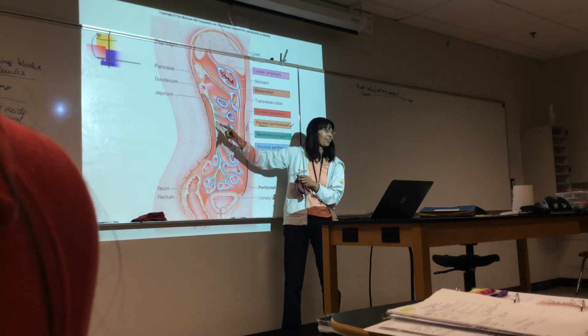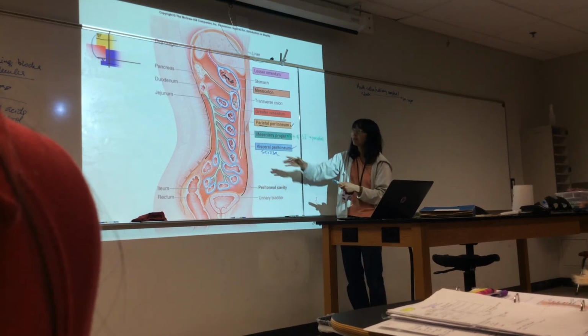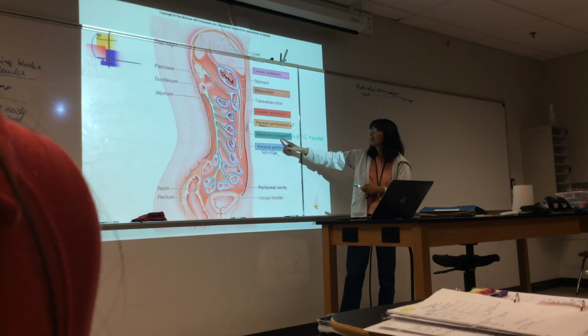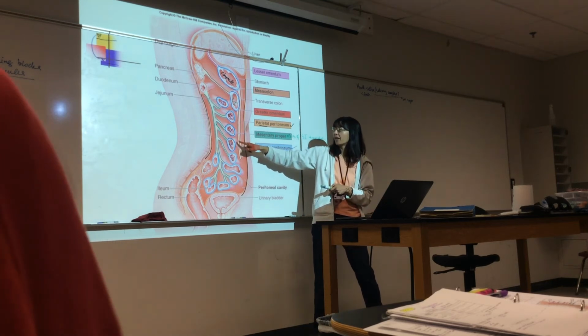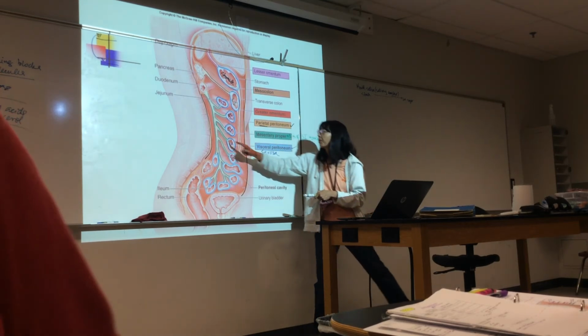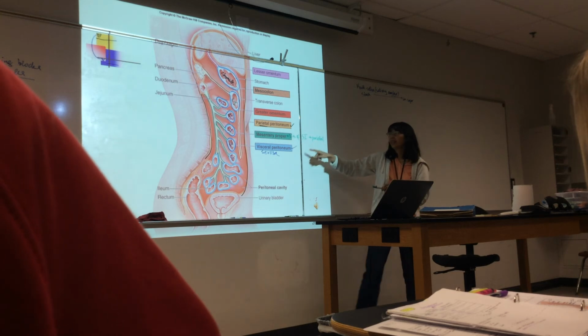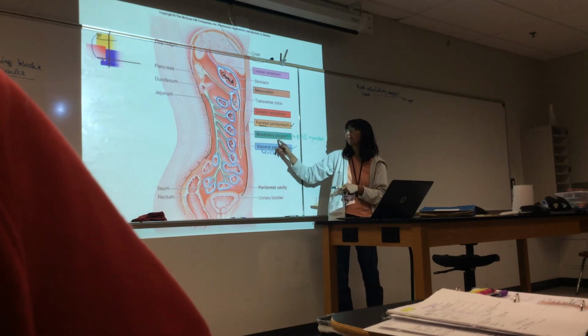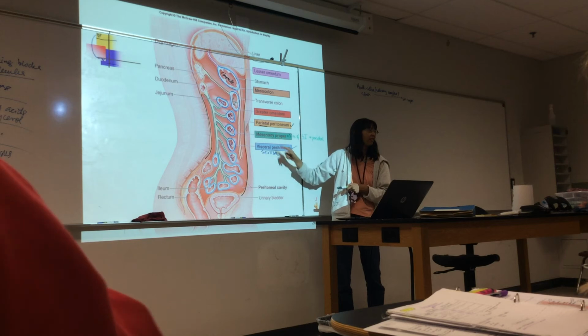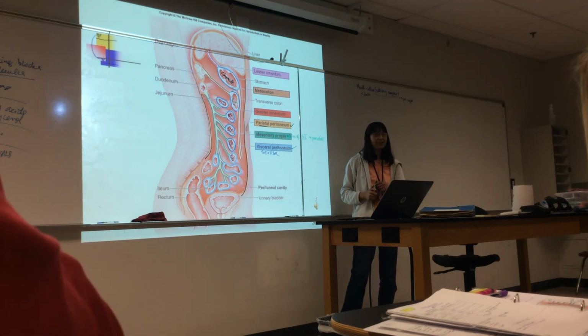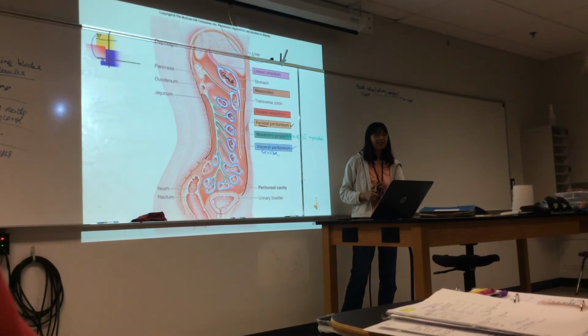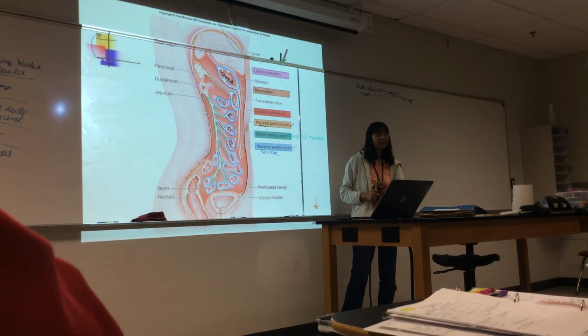So it doesn't matter what green line you pick. The mesentery proper is between the visceral of the small intestine and the parietal layer, the parietal peritoneum. Does that make sense?